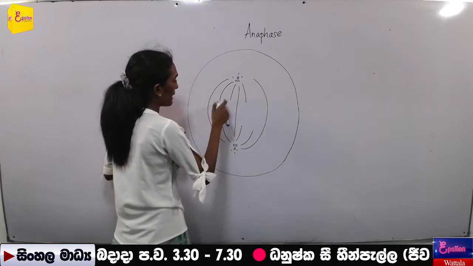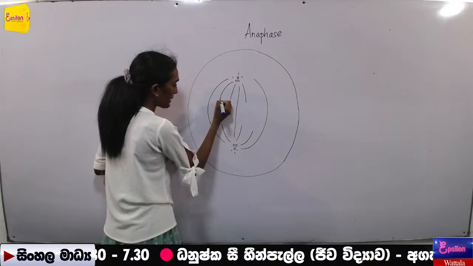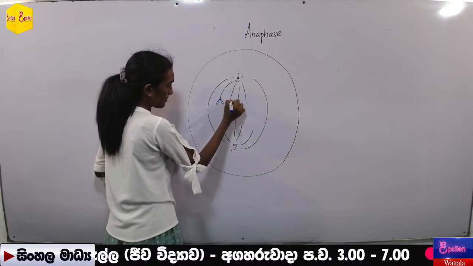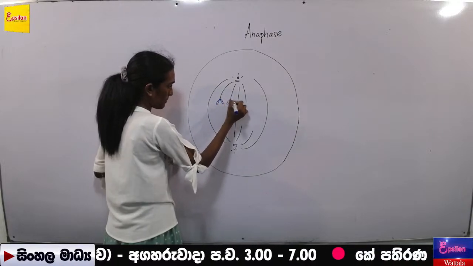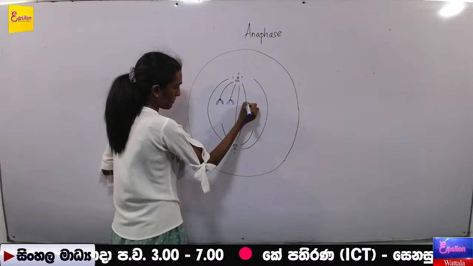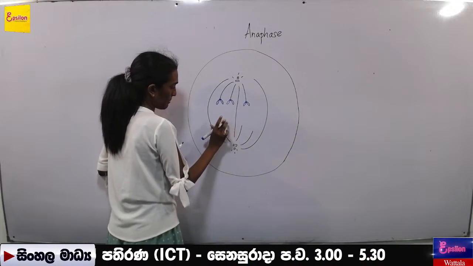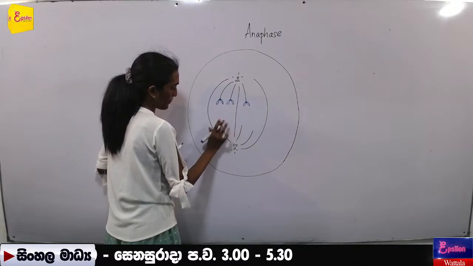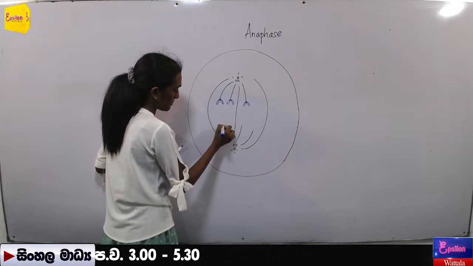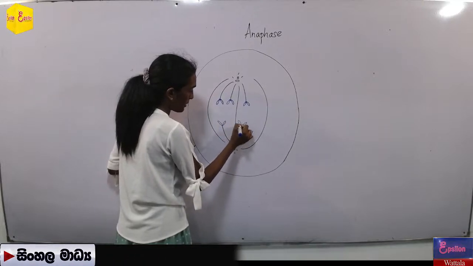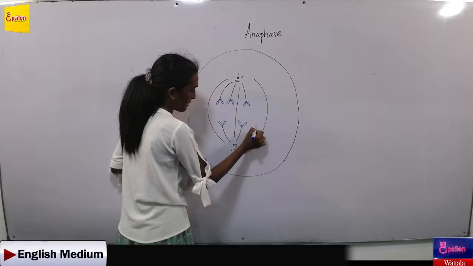They are going in a way like they don't like to go, so that there is some V shape here. Now they are away from the metaphase plate, now going towards the poles. Okay, children? Right, shall we draw?